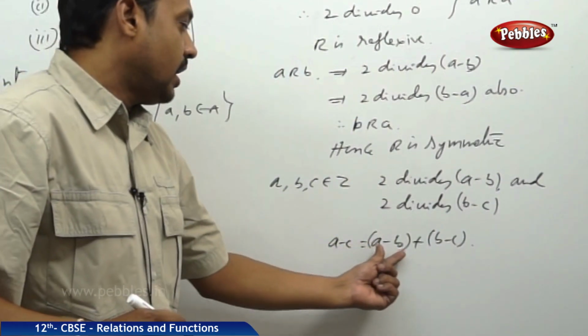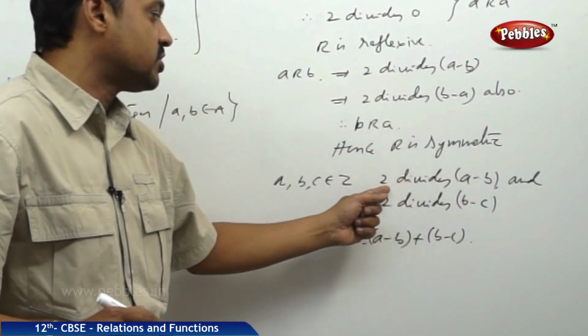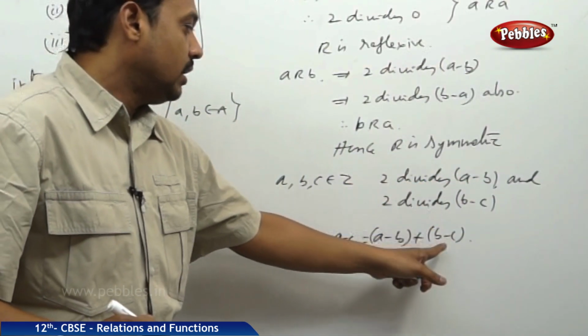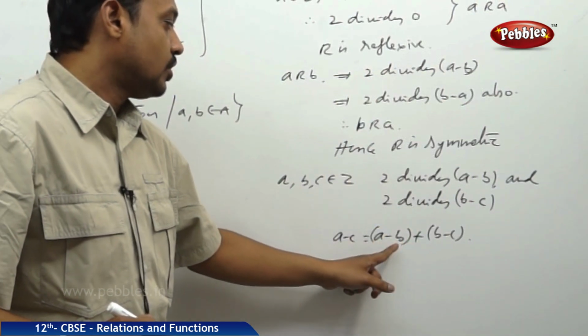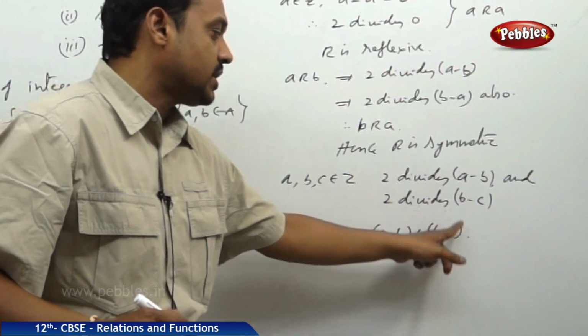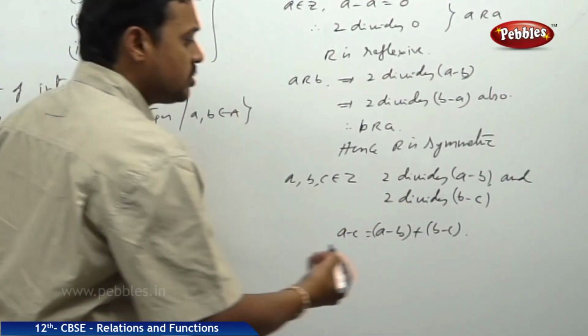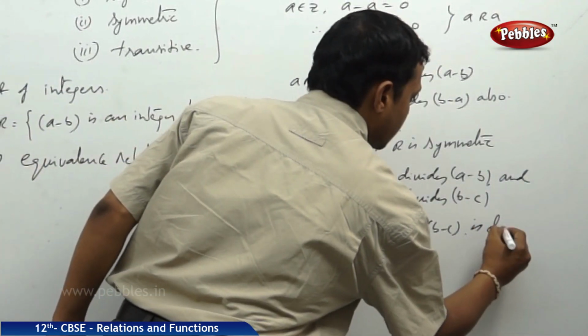Here, 2 divides A minus B means that A minus B is divisible by 2, and B minus C is divisible by 2. Therefore the summation becomes some even number, and every even number is divisible by 2.